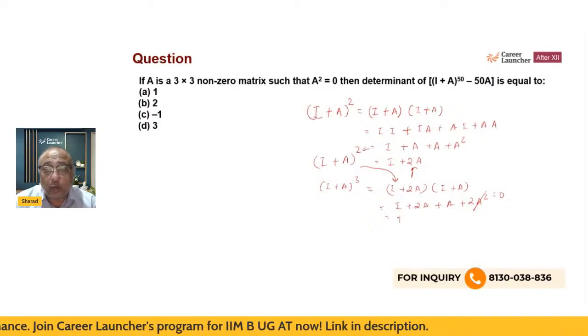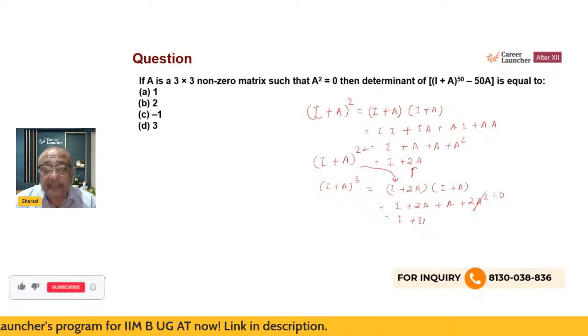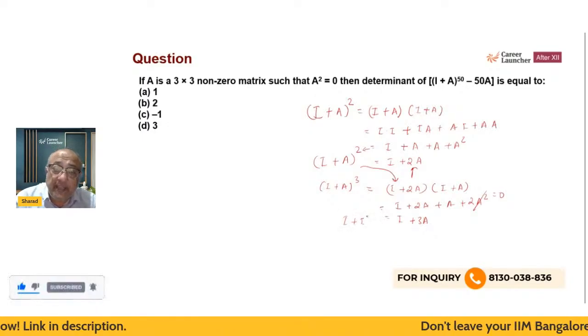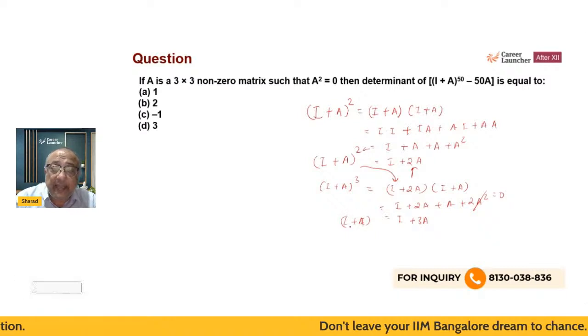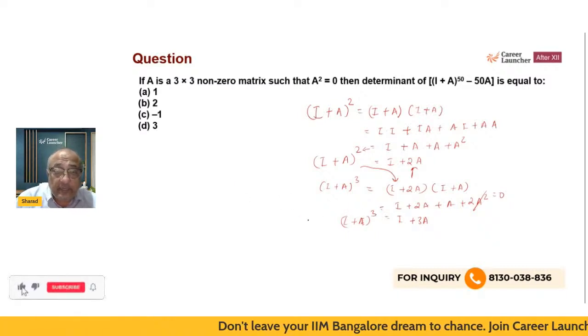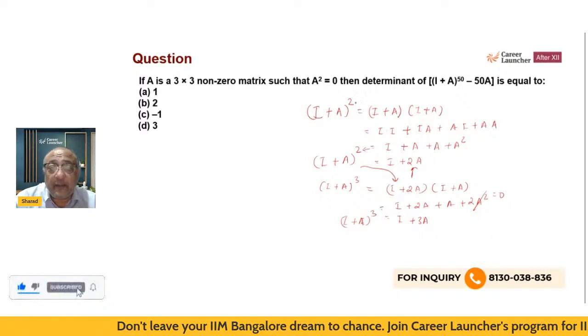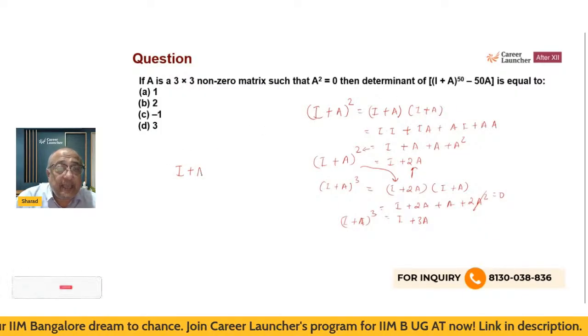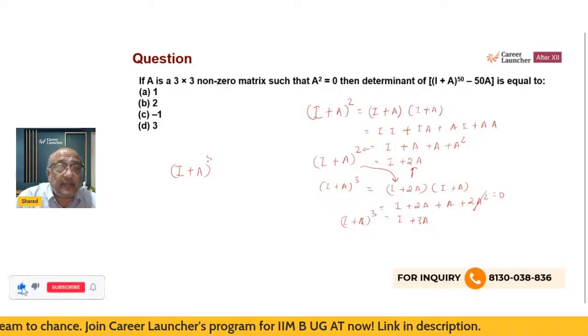What do we have? Wow. This is simple. I plus 3A. So what is it that we have got? This 3 is getting multiplied with A. So kids, what will be the value of I plus A raised to the power 50? That is the question.